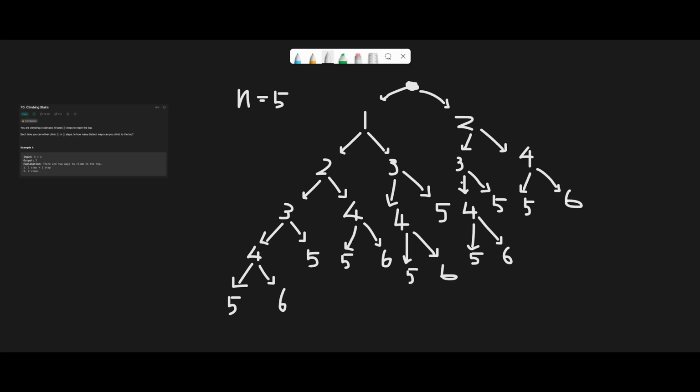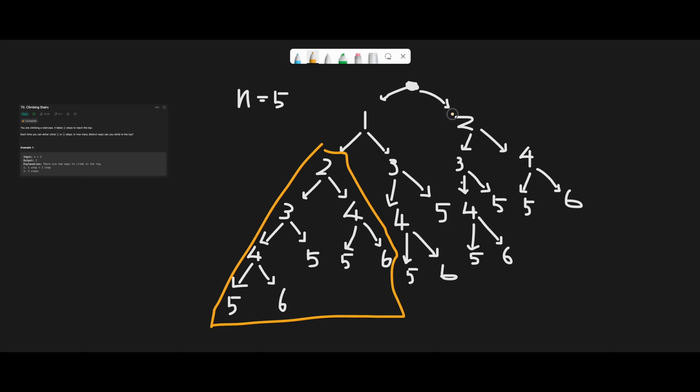Did you realize that there are many duplicates? A little bit messy, but you can find a duplicate subtree. First of all, the largest duplicate subtree should be here and here.